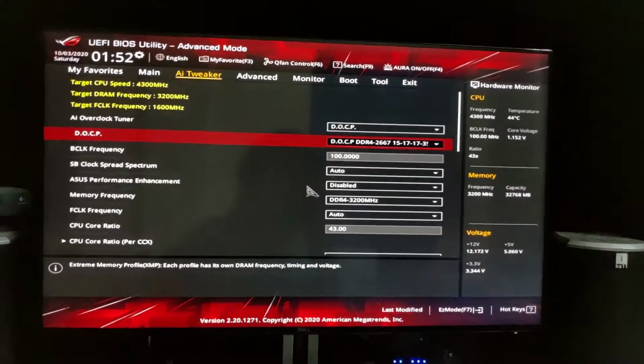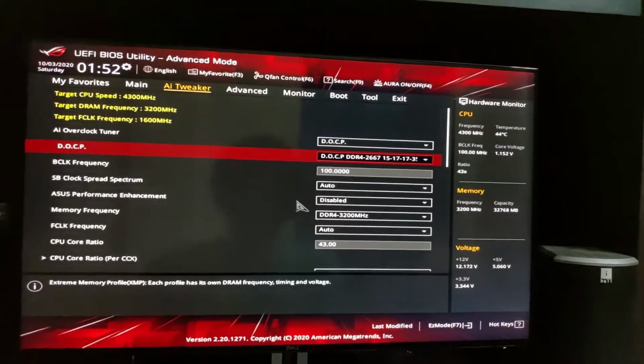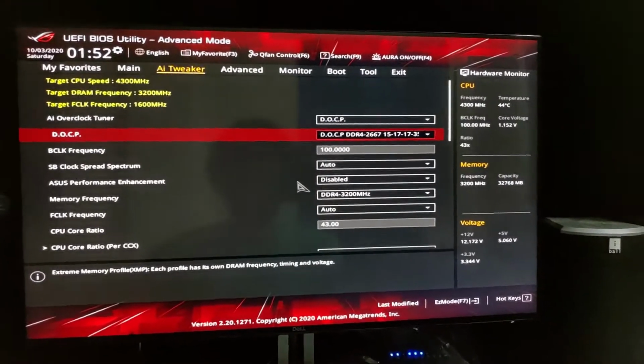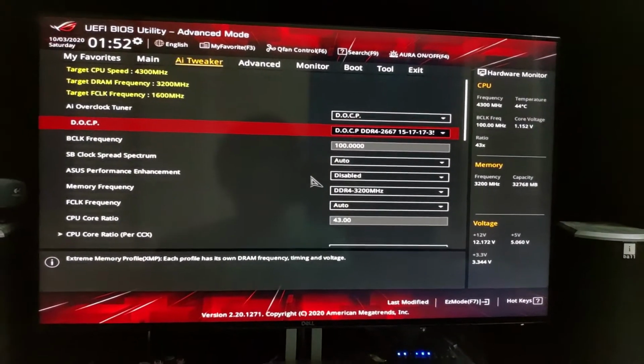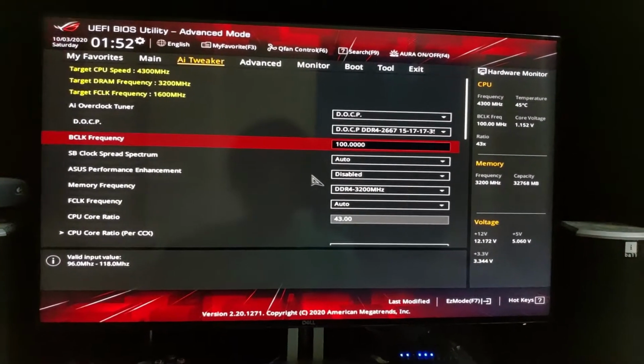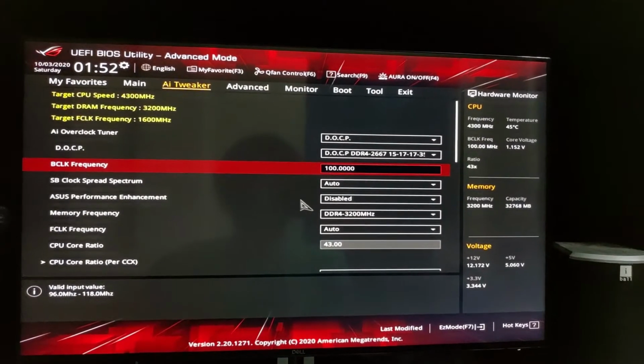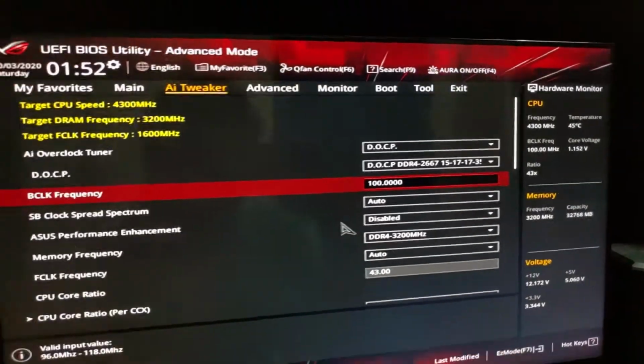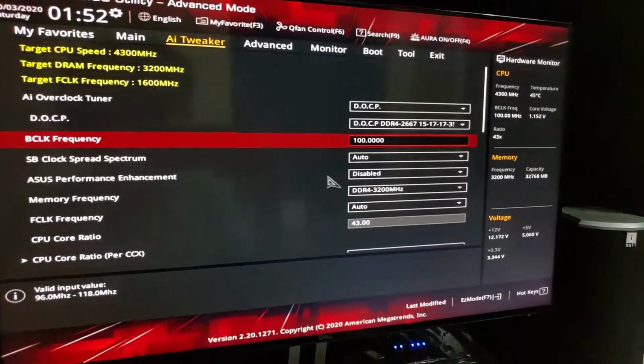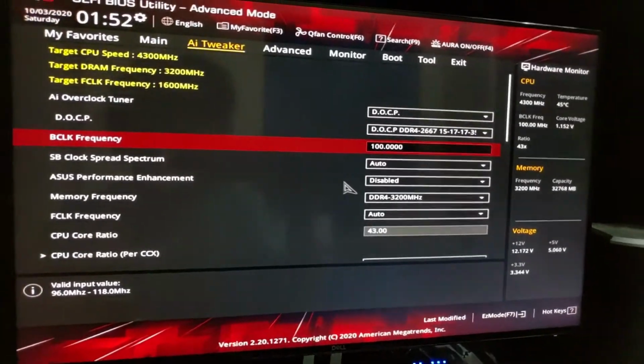So for overclocking, I will first explain a few parameters and what they do. This is your BCLK frequency, an acronym for the base clock frequency.